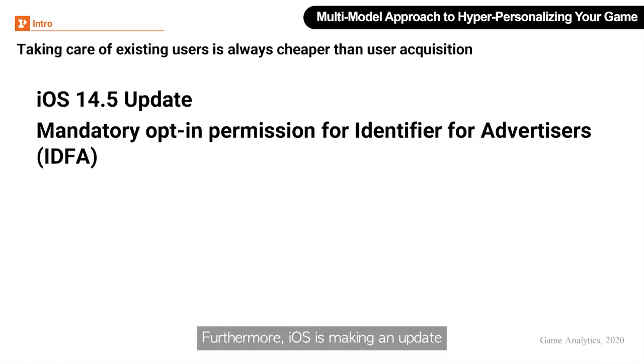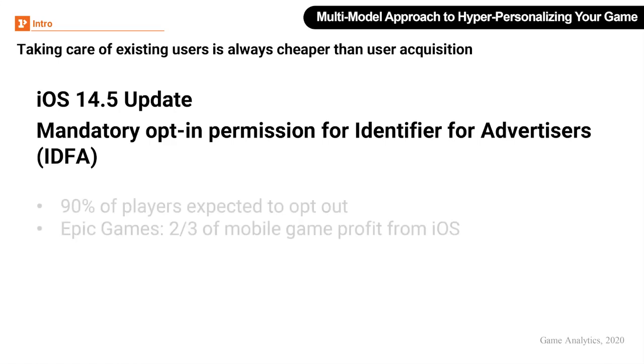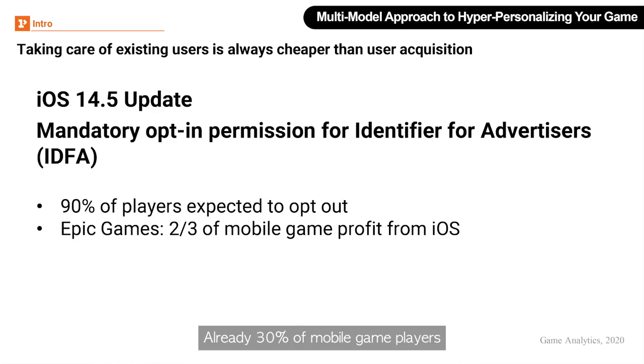Furthermore, iOS is making an update on mandatory opt-in permission for IDFA, which will inevitably lessen the ROI of targeted ads. Already 30% of mobile game players are actively going into settings to disable IDFA, and according to Market Insight, 90% of players are expected to opt out when the update starts to take serious action.